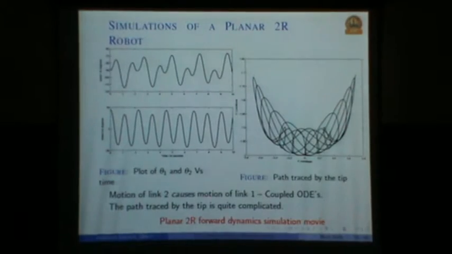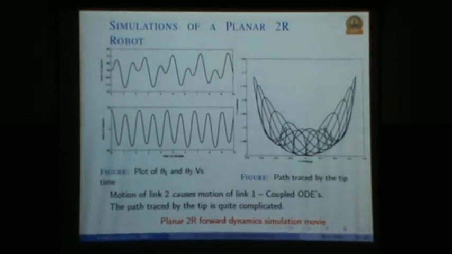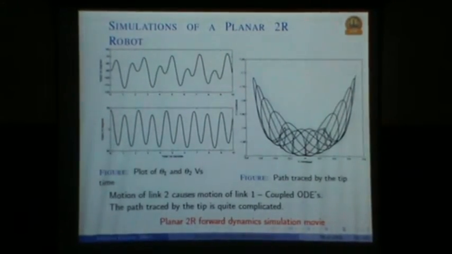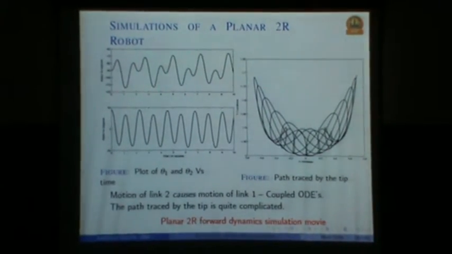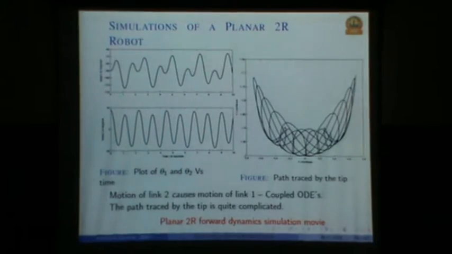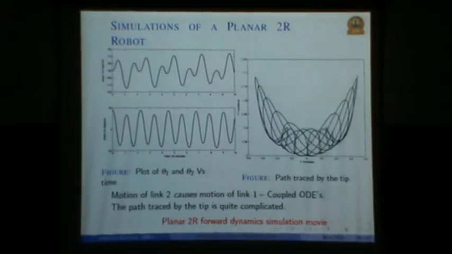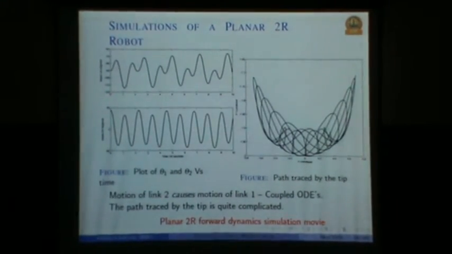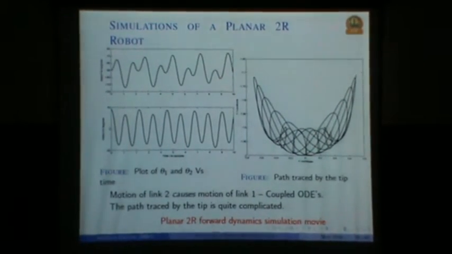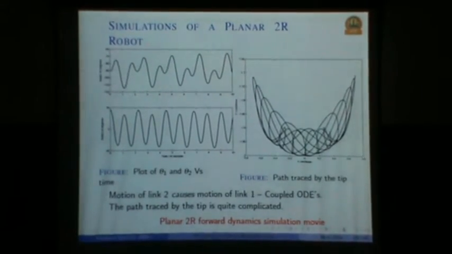Say I want to make only one link move, so I apply some motor torque to that link. Or I am trying to move the last link of the robot, to orient it to some object. The first link will also start to move, because all these equations are coupled. So your controller has to take care of that.